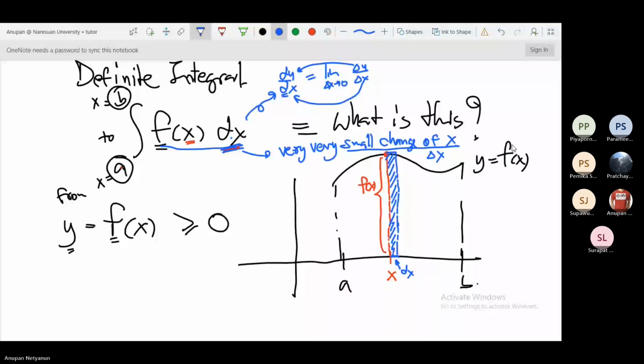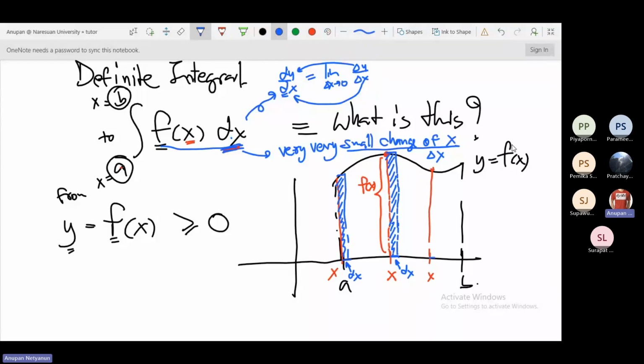Now let's say my x, for example, is here, which is x equal to a. f(x) is going to be this height.